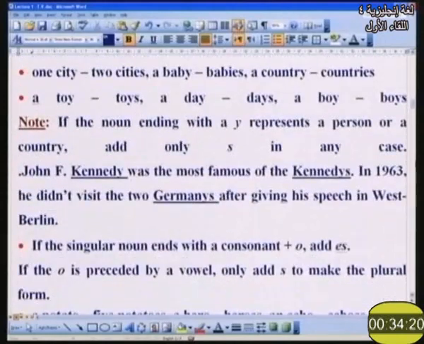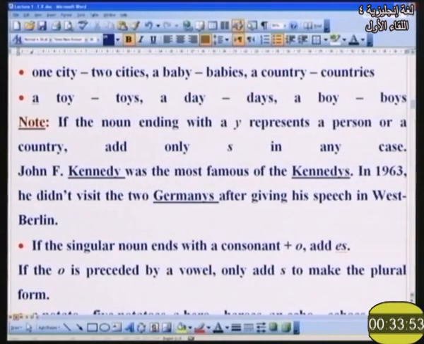But here with a Y, if you say, what happens to a word that ends with a Y? We just look at the letter before it. If it is a consonant, then we'll do a lot of steps. We'll drop the Y, we'll put an I, and then we'll add an ES. 3 different steps. But if it is preceded by a vowel, then what we have to do is just add an S.